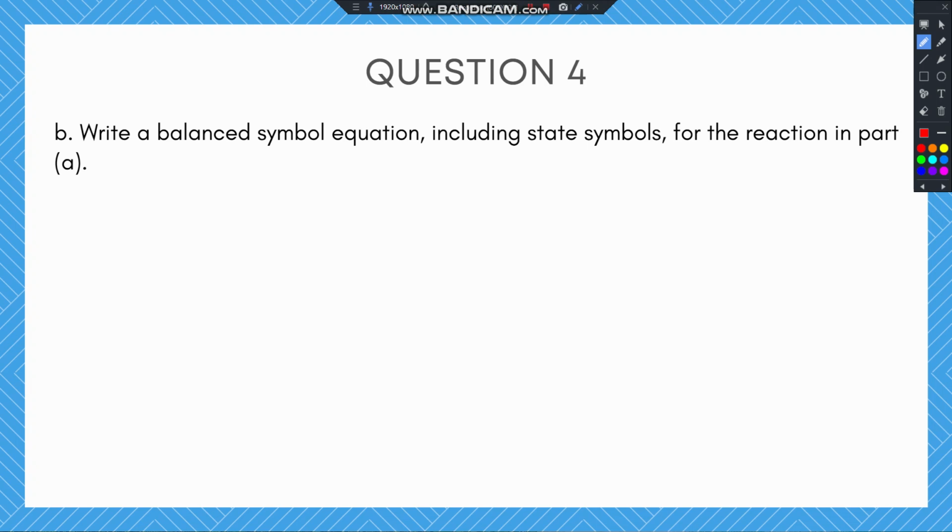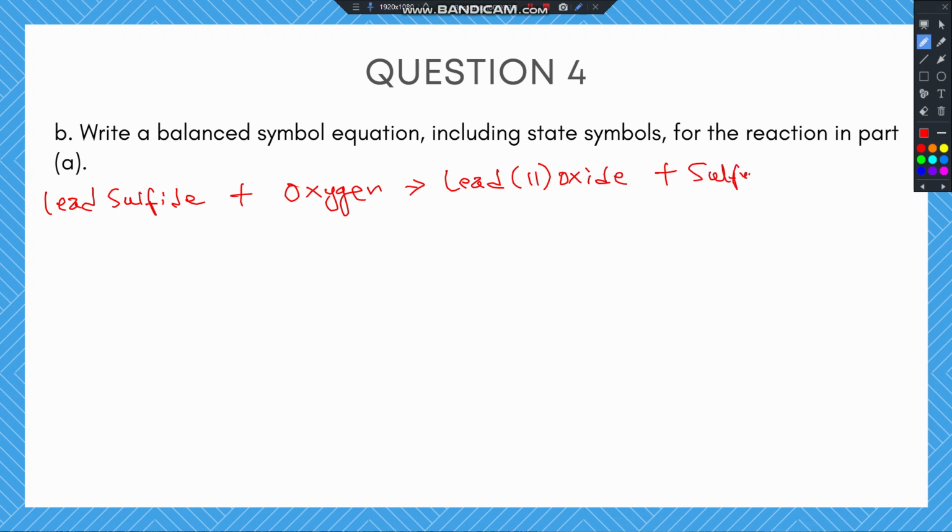The second question says write a balanced symbol equation including state symbols for the reaction in part A. Before we write the symbolic equation, let's write out the word equation. Lead sulfide plus oxygen gives us lead 2 oxide plus sulfur dioxide.